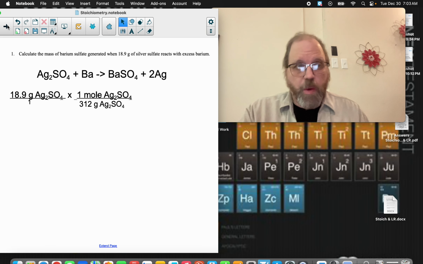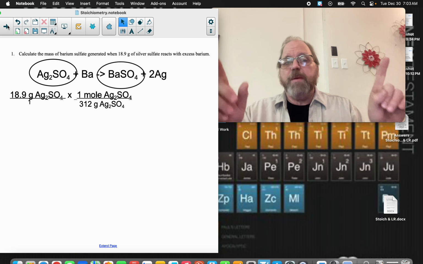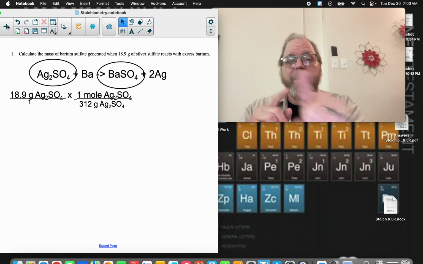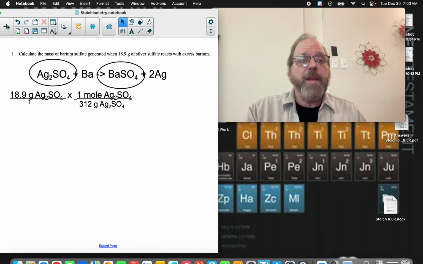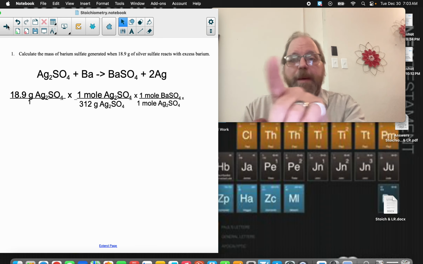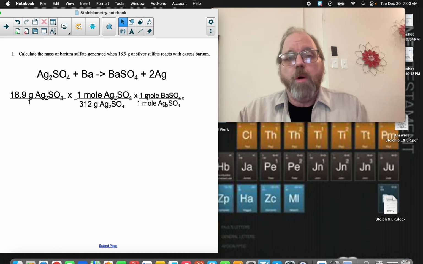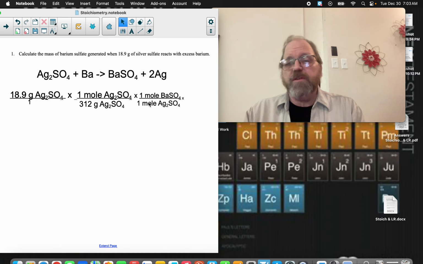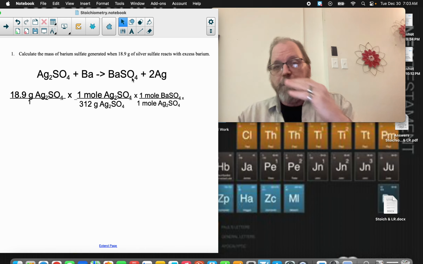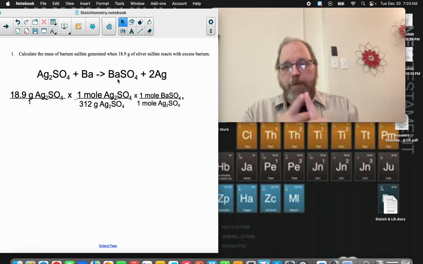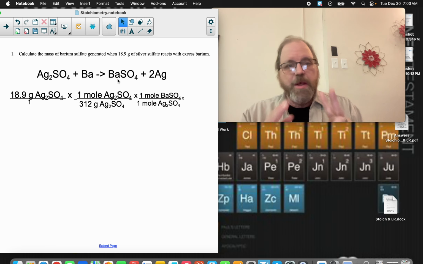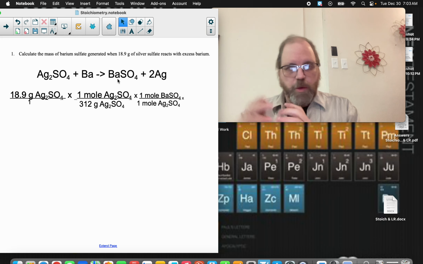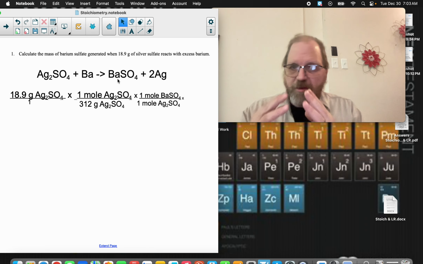Now from the balanced equation, when we look at silver sulfate and barium sulfate, because I want the mass of barium sulfate, that's 1 to 1. So that molar relationship from the balanced equation, we use moles. 1 mole barium sulfate is 1 mole of silver sulfate. Now we're going to go back to grams, so we do formula mass again. Barium 137, only 1 of them. Sulfur 32, only 1 of them. Oxygen 16 times 4, 64.